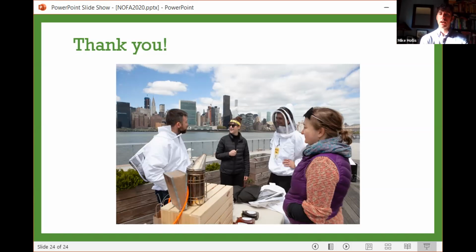So we actually had our first volunteer day for this season in one of our community farms in Far Rockaway two weeks ago. And it was relatively successful in that we were able to have folks dig out a new water garden and rock garden.